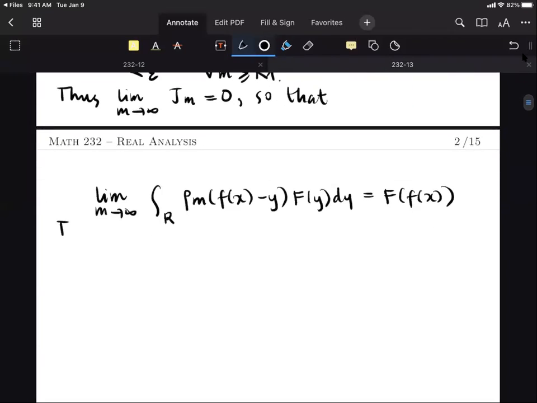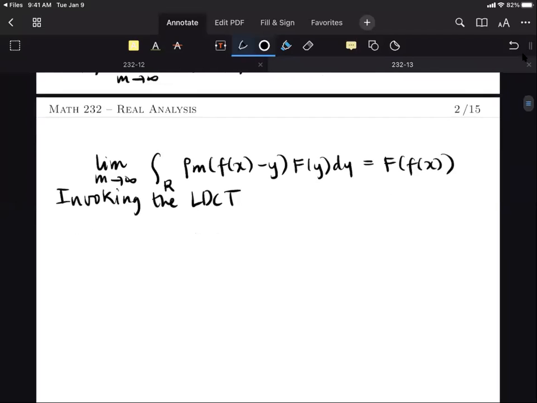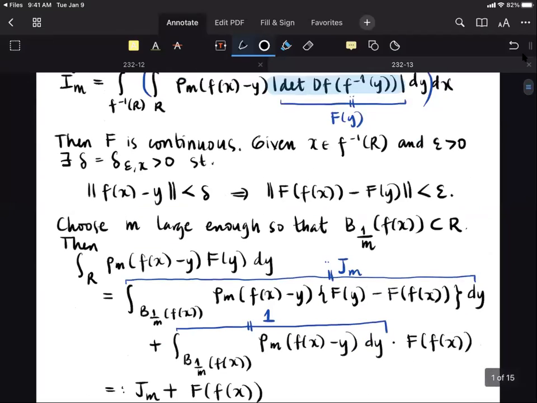A final application of the Lebesgue dominated convergence theorem, we end up with the following. So the limit as m goes to infinity of im. Okay, so look here.